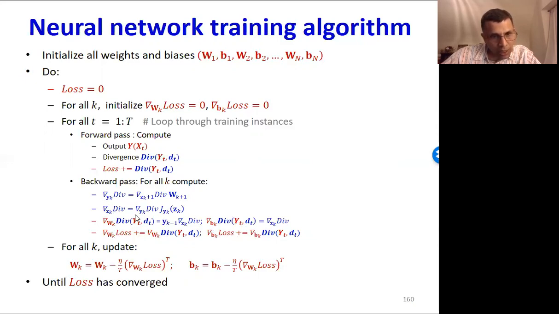And we accumulate these derivatives. Finally, when we are done with the entire training data, we normalize these accumulated derivatives by the number of training instances in the data, and apply these normalized derivatives within the gradient descent rule to update the parameters. We continue these iterations until the loss has converged.